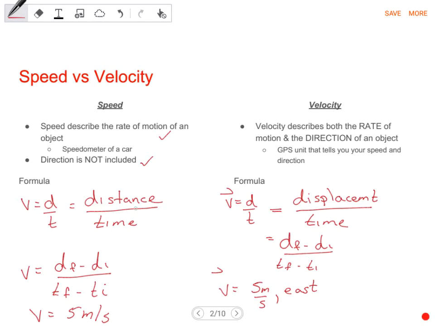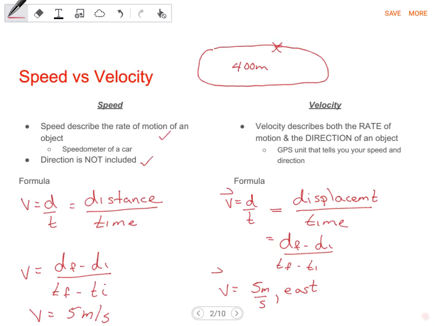T is time. So imagine, if you've run around a high school running track, typically they are 400 meters in length. Let's pretend the start line is right there. That's the start.